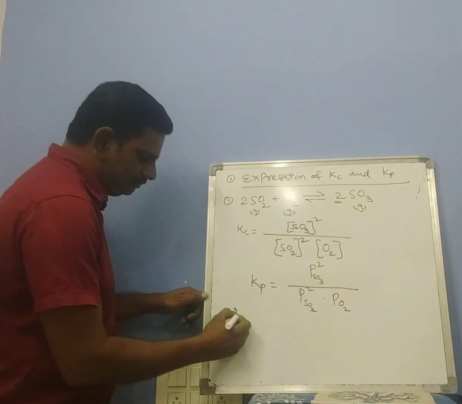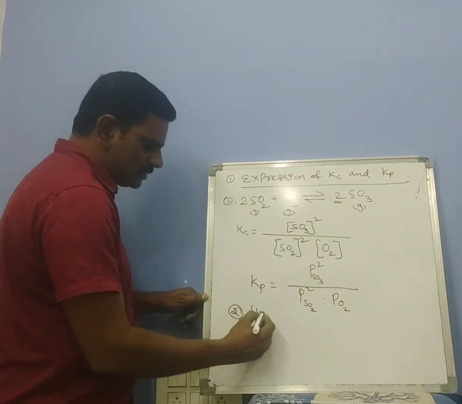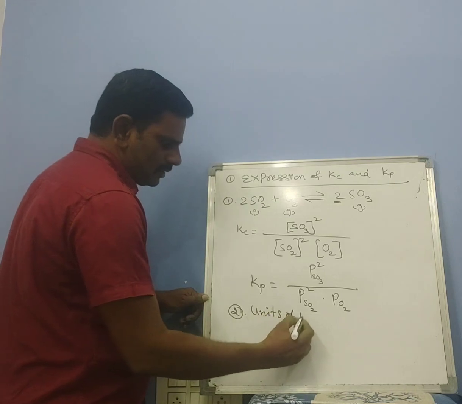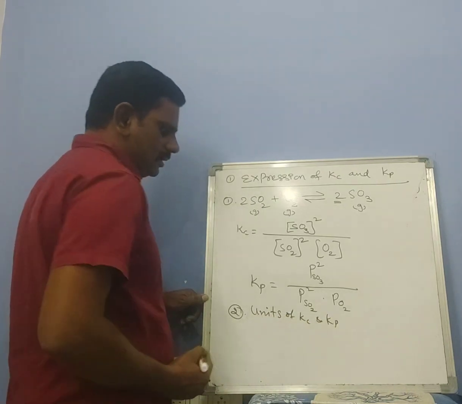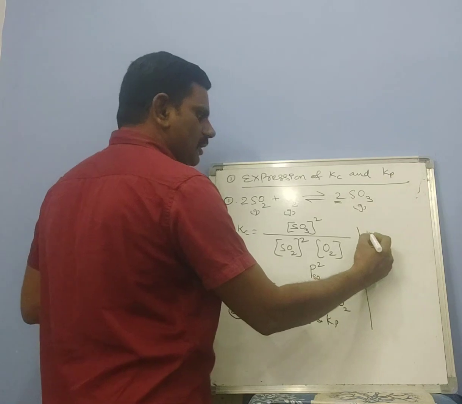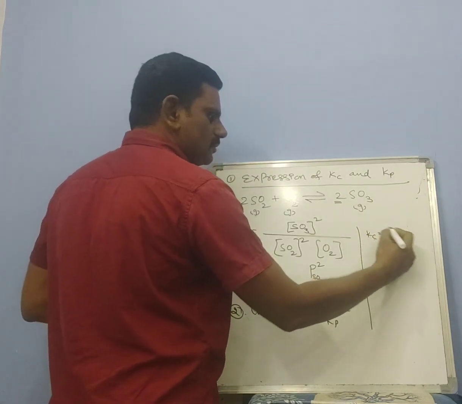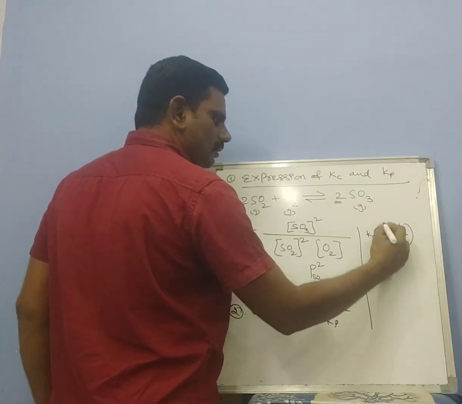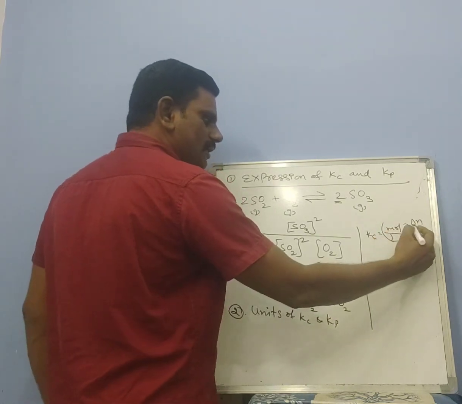And second one, units of Kc and Kp. Kc is in molar concentration, that's why moles per liter to the power delta n. So what is delta n?